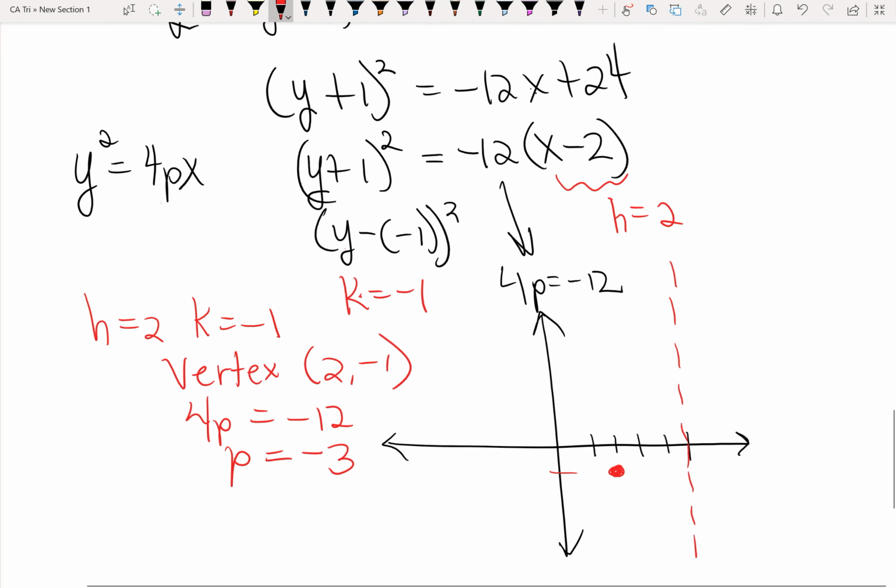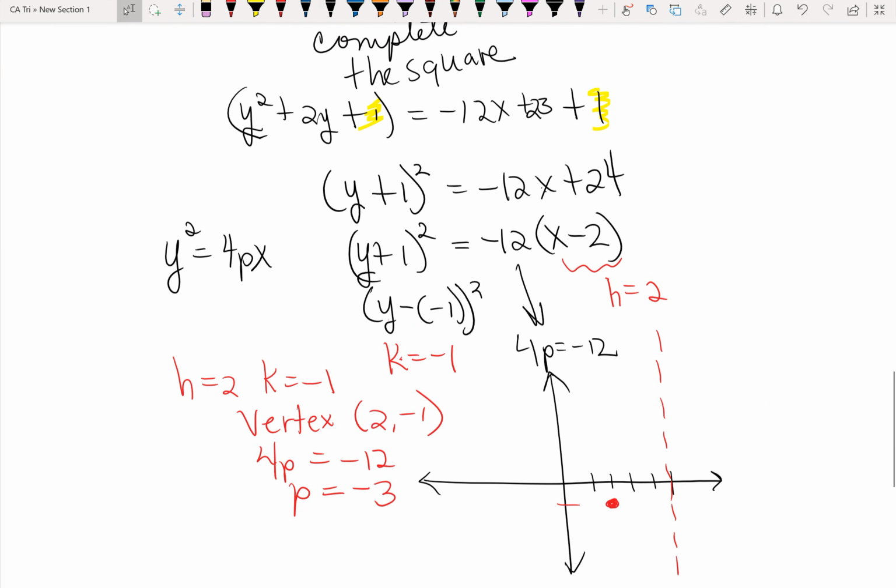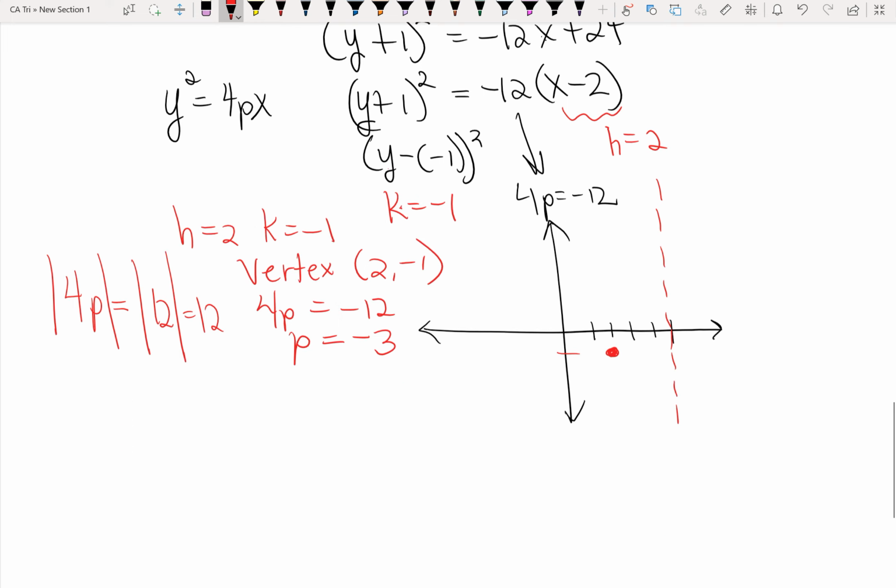Based on this information, we also have the latus rectum. If you recall, it's the absolute value of 4p. So in this case, the absolute value of 12, which is 12, which means from that vertex, I'm going to shift equivalently 6 units down and 6 units up.